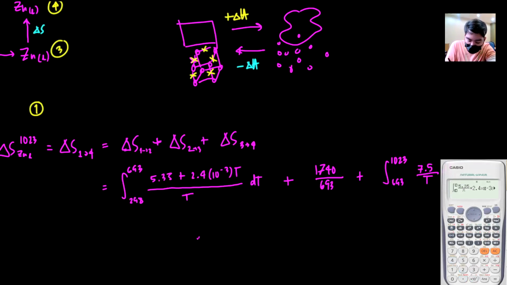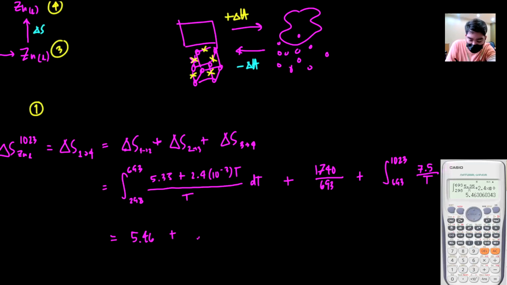Then our limits of integration are 298 to 693. You can see the calculator? Yes, sir. So we can evaluate this one by one. Our first value is 5.46.